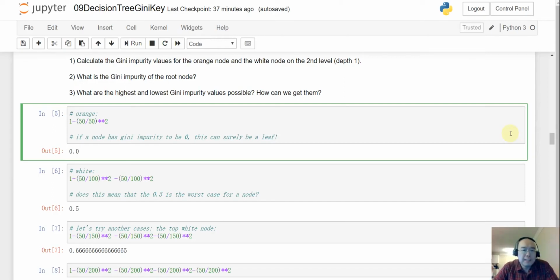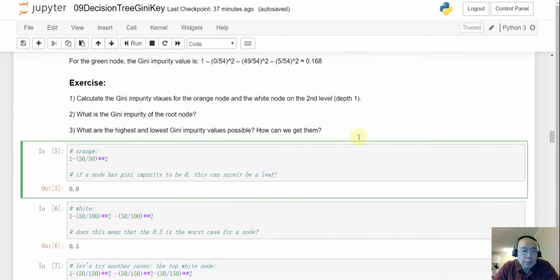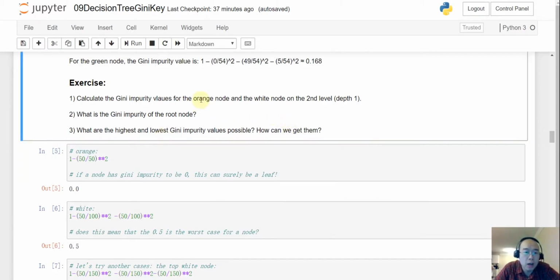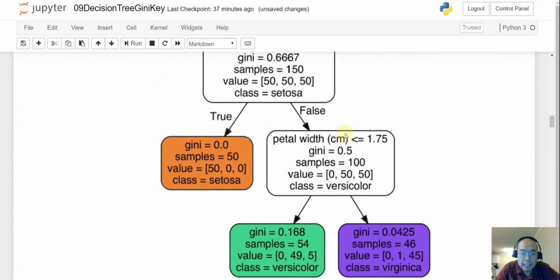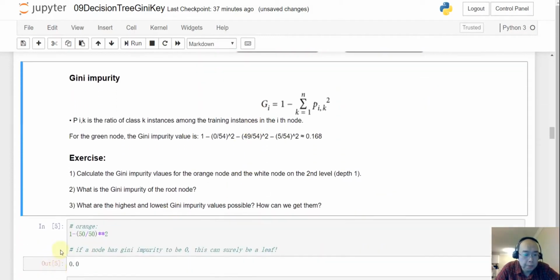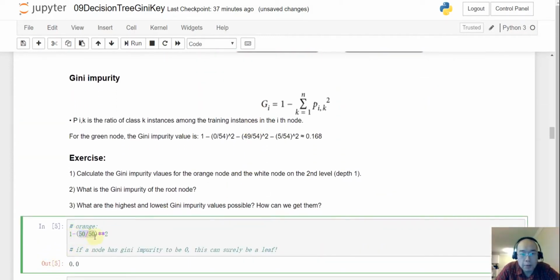Okay, so let's take a look at my solution. We are trying to calculate the Gini for the orange. For the orange, that is 50, 0, 0, right? So that is 1 minus 50 divided by 50, because that is 100%, to the power of 2.